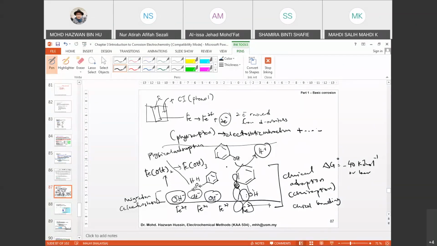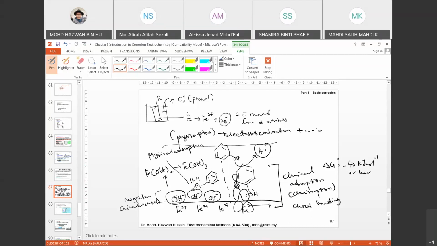Right? Okay, so with this formation, whether physical adsorption or chemical adsorption, it can stop or reduce the oxidation process of metal becoming rust.